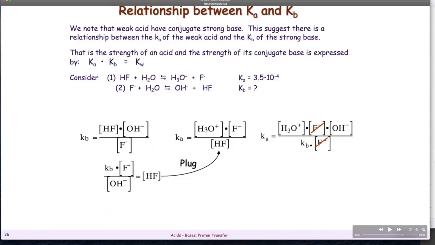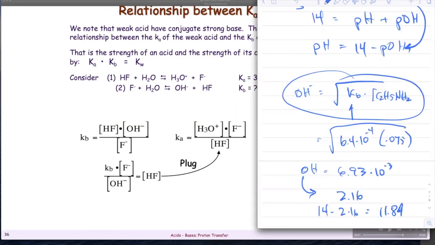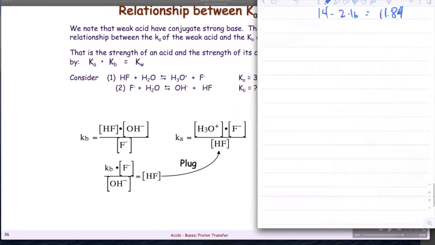I want to show you this because this is an important concept to know. Suppose you're given F minus, and you have an initial concentration of F minus of 0.010, but you don't know the Kb. Well, you can look up HF, and HF has a Ka, which I showed you earlier, somewhere on the order of 10 to the minus 4.